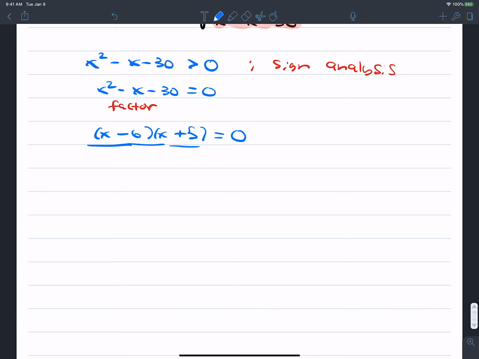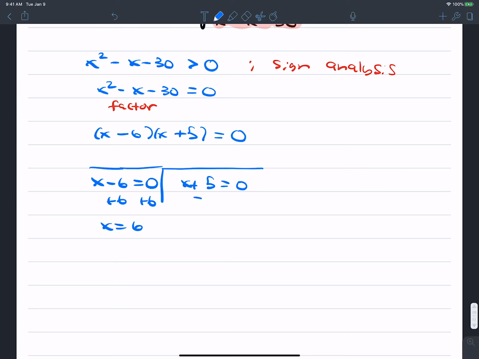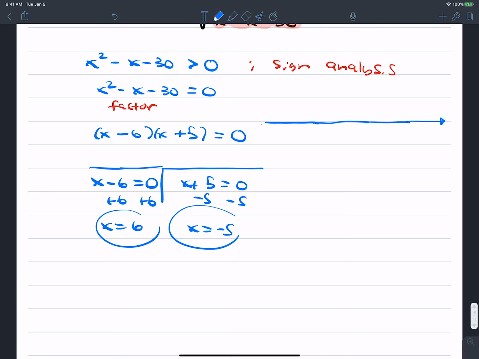Zero product rule now. Zero product rule says, we'll put it down here, x minus 6 is 0, x plus 5 is 0. Add your 6, we get x is 6. Subtract your 5, we get x is -5.